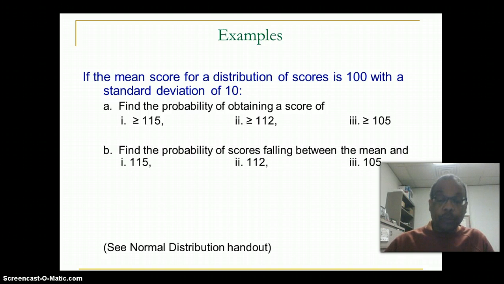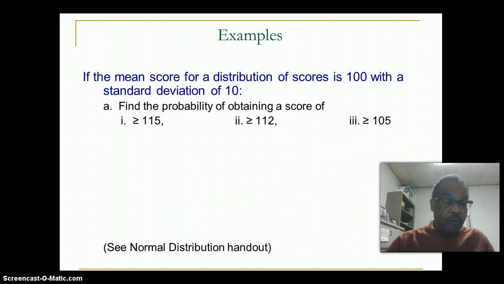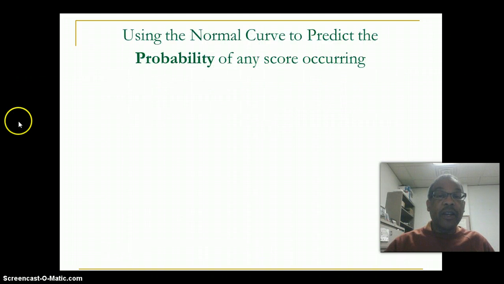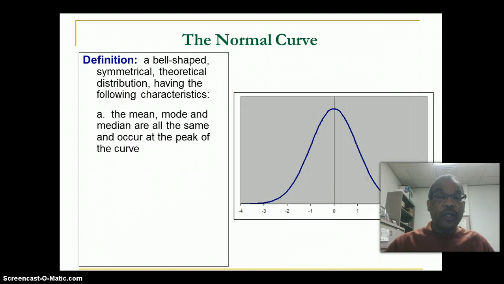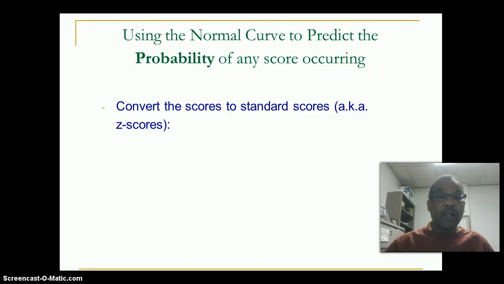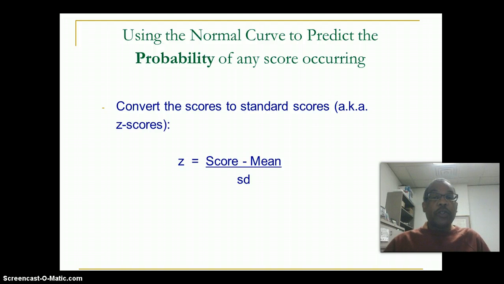So, if you recall from the previous slide, how do I do that again? I guess I didn't show you that. I should have. Yes, on the previous slide, I showed you this formula that you could convert scores to standard scores using this formula, that Z is equal to a score minus the mean divided by the standard deviation.